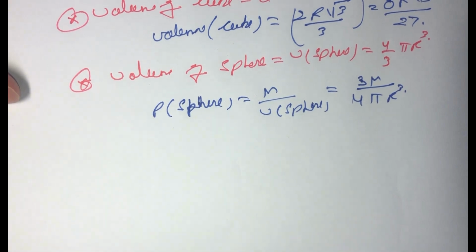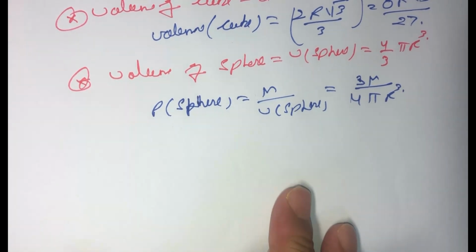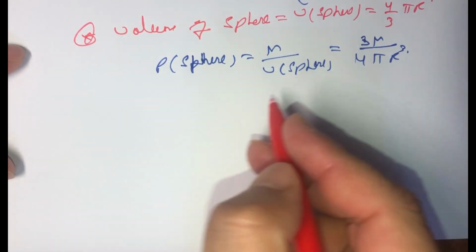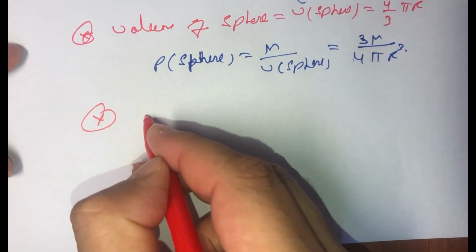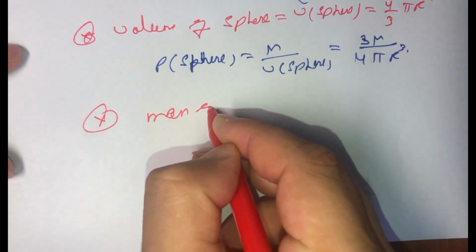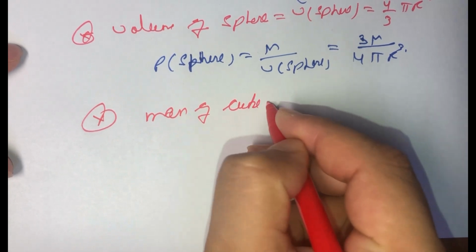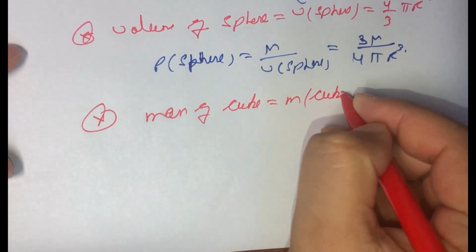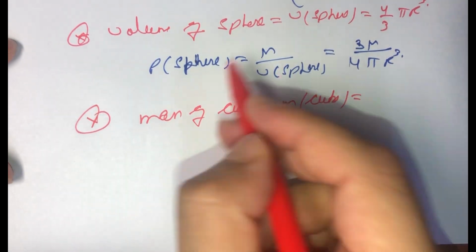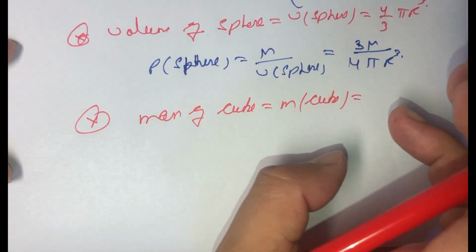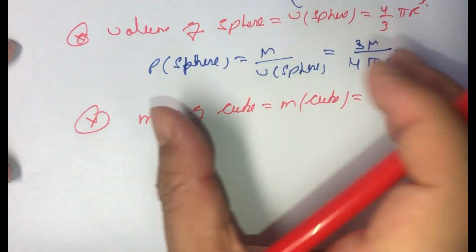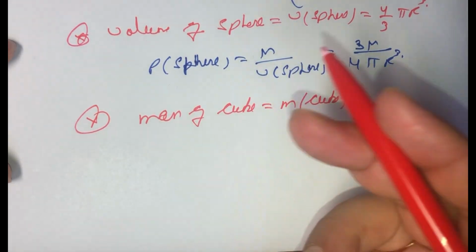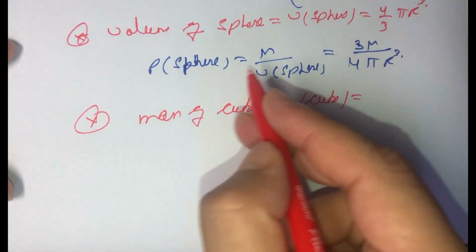Therefore, we can find out the mass of the cube. Mass of cube, let us suppose as m cube, will be equal to density multiplied by volume, because the sphere as well as cube are of the same material, so their density will be the same.